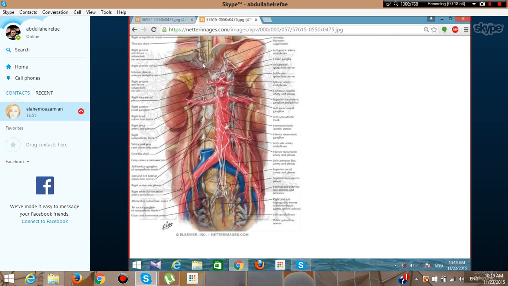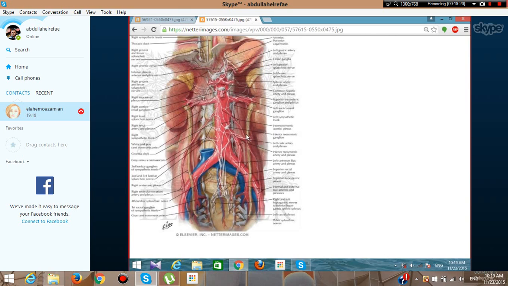Preganglionic sympathetic fibers are thoracolumbar. You either get them from the thoracic part of the spinal cord or the lumbar. From the thoracic part, you get three nerves: greater splanchnic, lesser splanchnic, and least splanchnic, right? And here in the abdomen, we have two groups of ganglions.